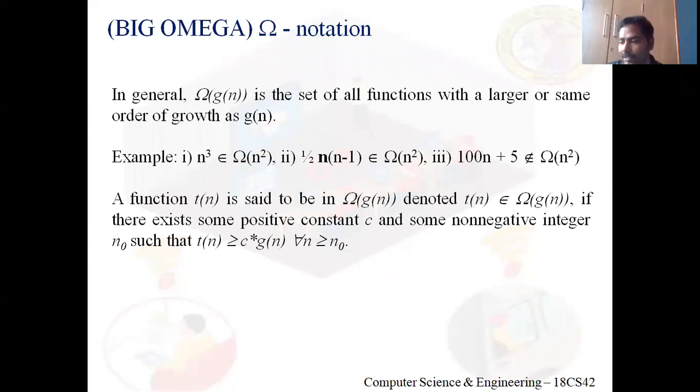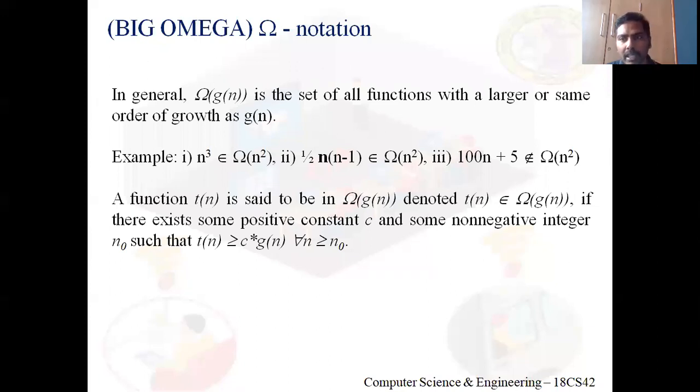Now, what about this? Suppose I say G of n is linear. My question is, what does big omega of linear actually mean?